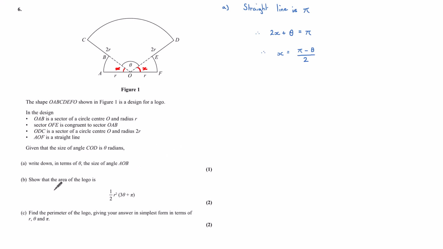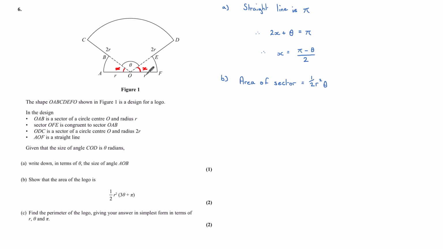Part B, I want to show that the area of the logo is half r squared (3 theta plus pi). The first thing I want to note here, because I've got quite a few sectors, is the area of a sector. When we're in radians, the area of a sector is given by half r squared theta.